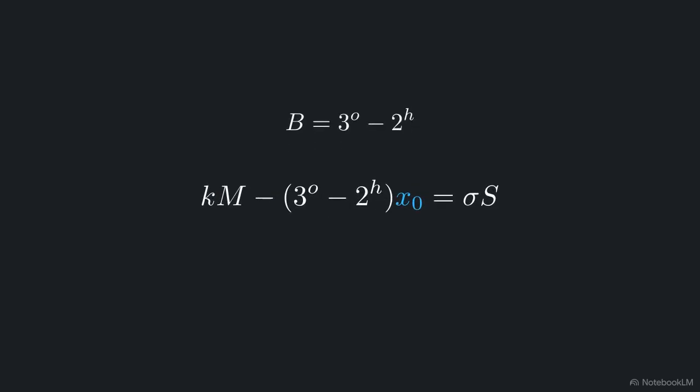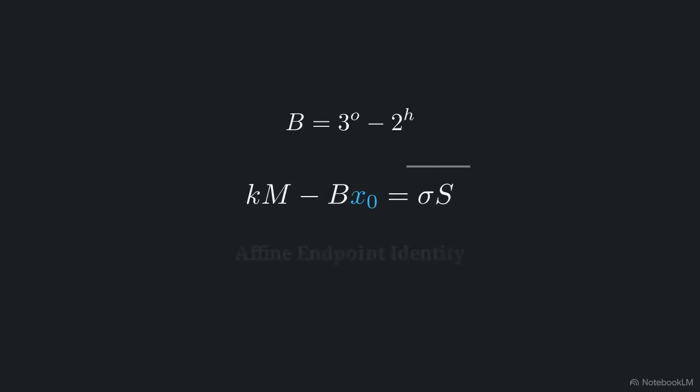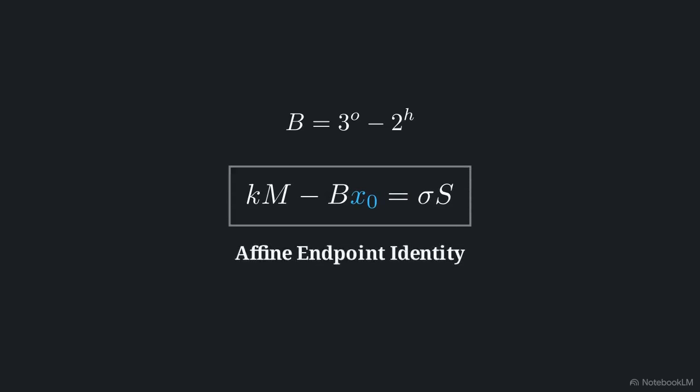This leads us to define the expanding branch term, b, which we calculate simply as 3 to the power of h minus 2 to the power of h. By substituting our closure rule and that new branch term, the long inductive sequence reconfigures itself into a static format. km minus bx0 equals sigma s. This is the affine endpoint identity. It operates as a semi-linear Diophantine equation that strictly governs the endpoints of the dynamic loop.